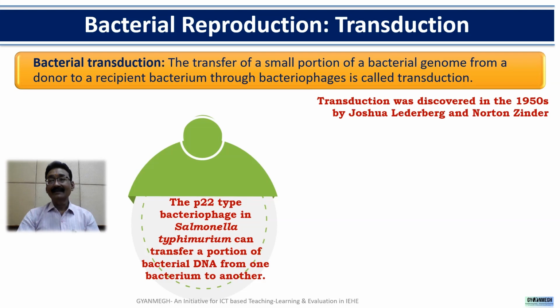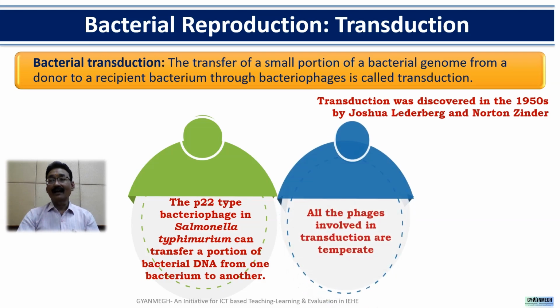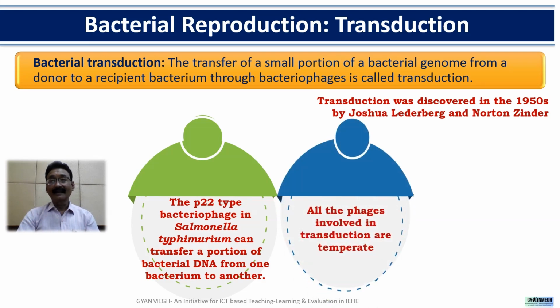All the phages involved in transduction are temperate, those that either inactivate the cell at once, or multiply inside the bacterial cell and eventually cause lysis of the host cell, or bind with bacterial DNA to remain in the host cell. A bacterium that harbors temperate phages is called lysogenic.